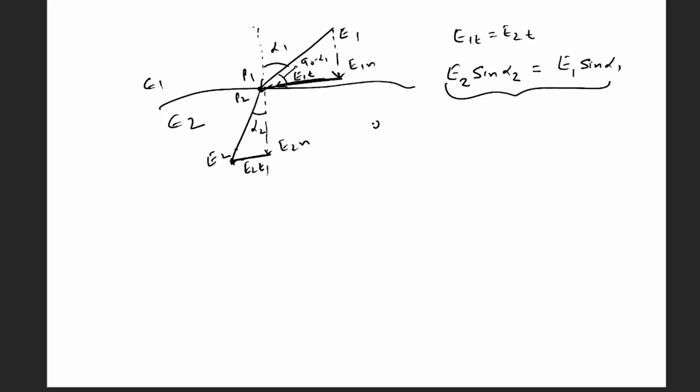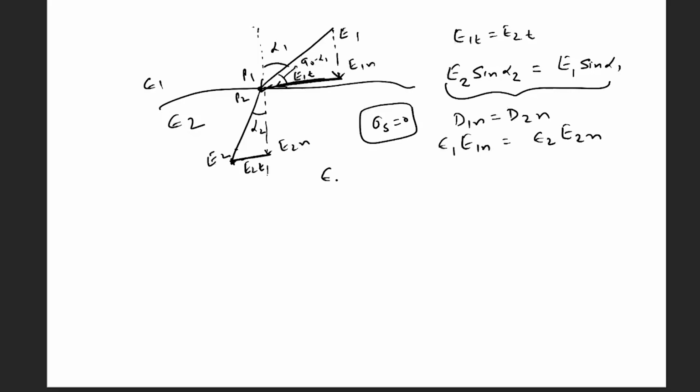Further, we are given that sigma s is equal to 0, that is, there is no surface charge density on the interface. So it implies d1n is equal to d2n. Now this is E1n, this is E2n. Now it implies epsilon 1 E1n should be equal to epsilon 2 E2n.